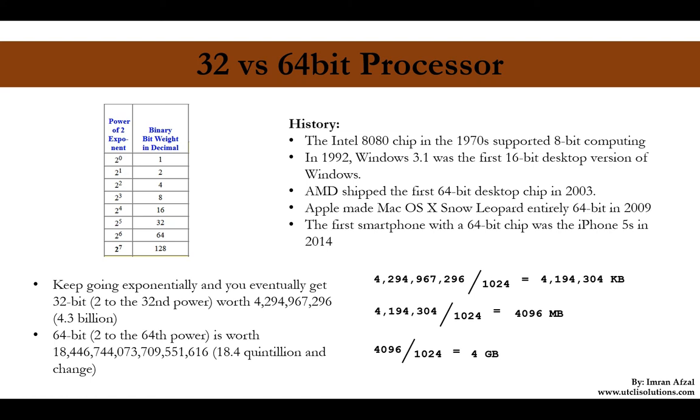AMD shipped the first 64-bit desktop chip in 2003. Apple made the Mac OS X version 10 Snow Leopard entirely 64-bit in 2009. And then moving on to smartphones, the first smartphone with a 64-bit chip was iPhone 5S in 2014.